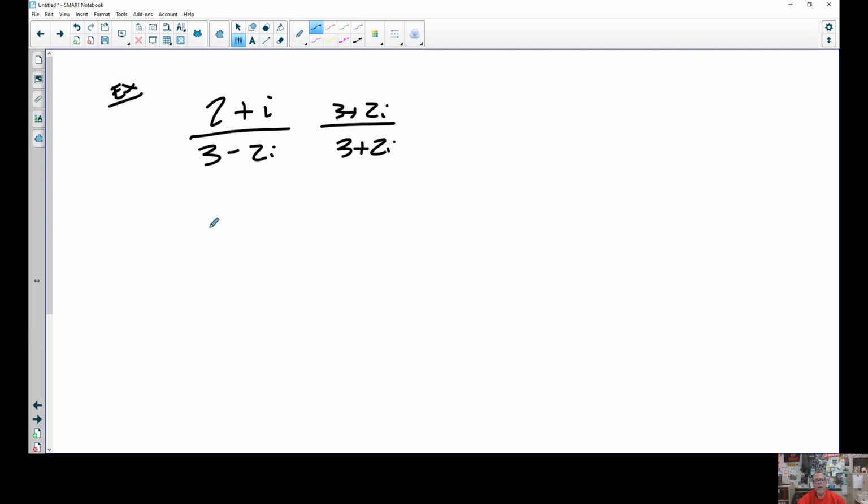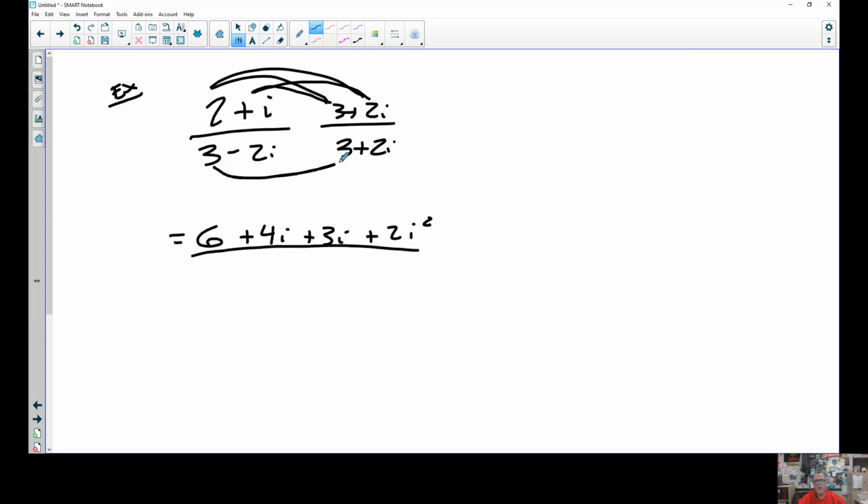And when we do that on top, we're going to do all of them. 2 times 3 is a positive 6. 2 times 2i is plus 4i. i times 3 is a positive 3i. i times 2i is a positive 2i squared.